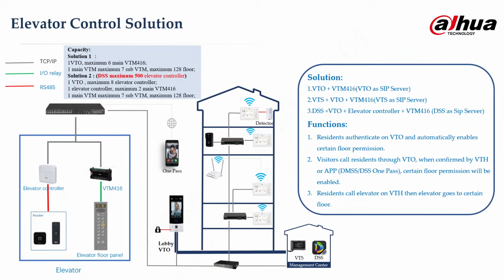When you come home as a homeowner, you can also identify yourself at the lobby VTO, and the elevator will come to the ground floor, and you will have the right to go to your designated floor level. And when you are home and you want to leave the building, you can also call the elevator, and it can come to your floor.